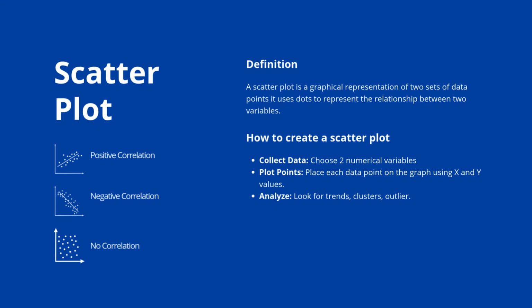They are awesome for identifying correlation between two variables, finding patterns in experiments, spotting outliers, and analyzing customer behavior. So scatter plots give us a bird's eye view of the relationship between two variables. If the dots move up and to the right, they are positively correlated. If they move down, negatively. If there is no pattern, that means there is no correlation.